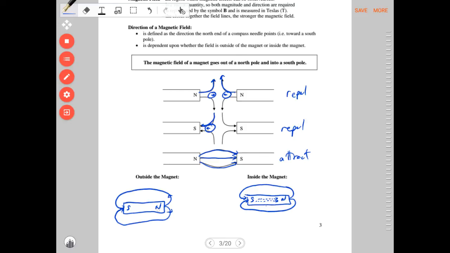Outside the magnet, out of north into south; inside the magnet, the magnetic field goes south to north. Now, we're probably thinking, why is it a big deal? You can't really do much inside a magnet. Well, we can't do much inside a permanent magnet, but we can do things inside an electromagnet. So we'll get to that shortly.